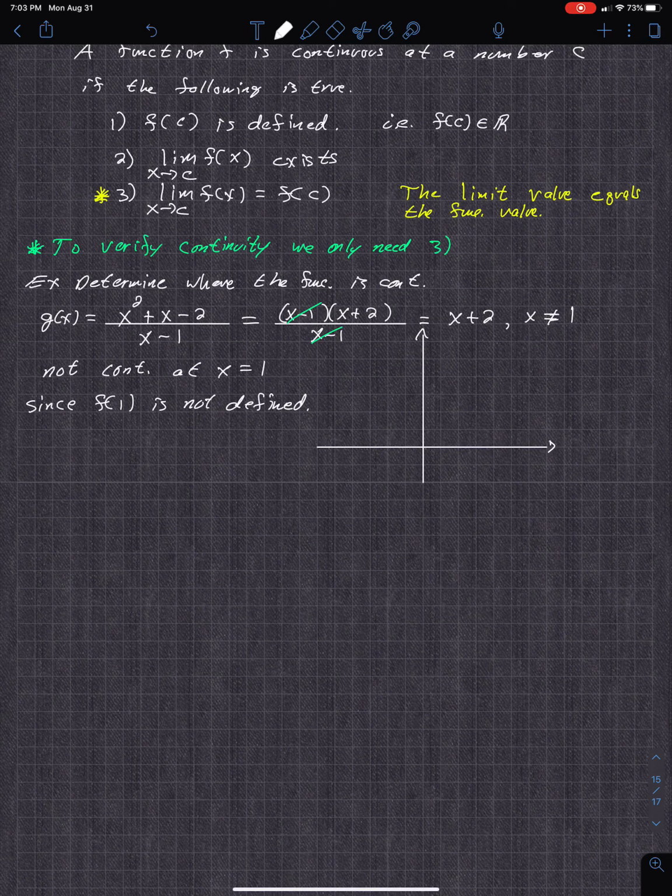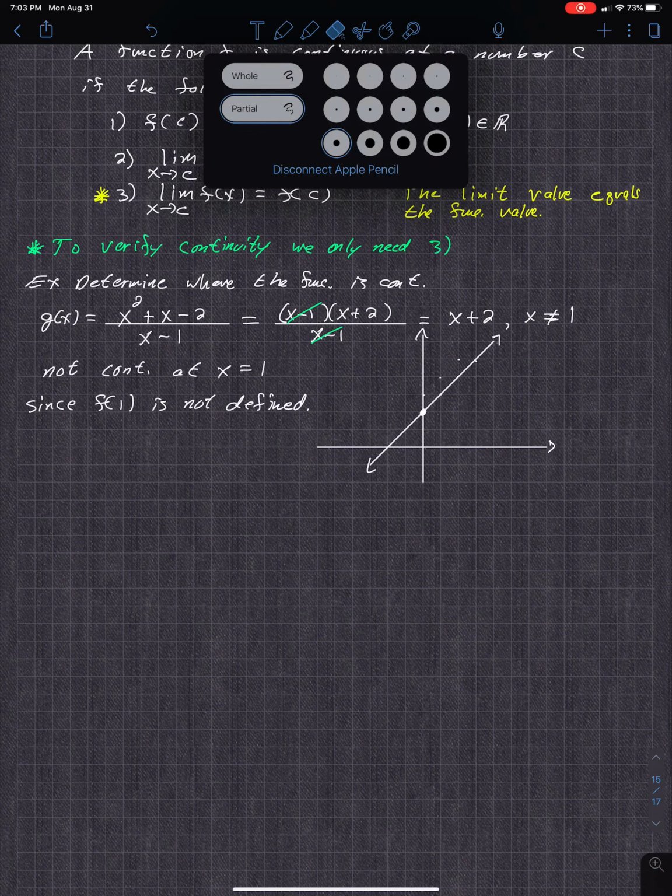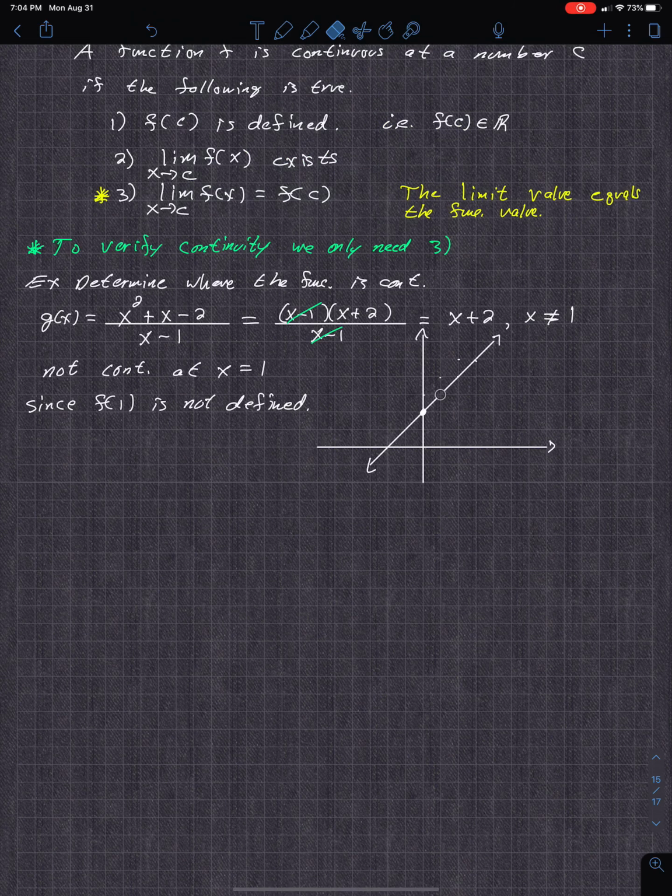So this is 2 here, slope of 1, up 1 over 1. All right, so it looks like this. So there's my line. However, at 1, there's a hole right there.